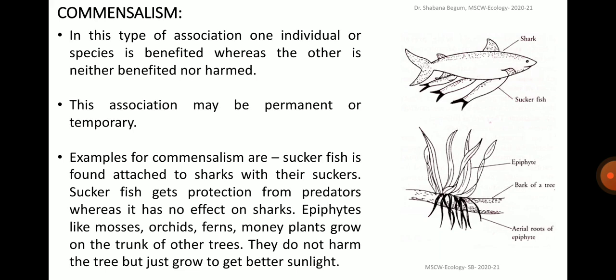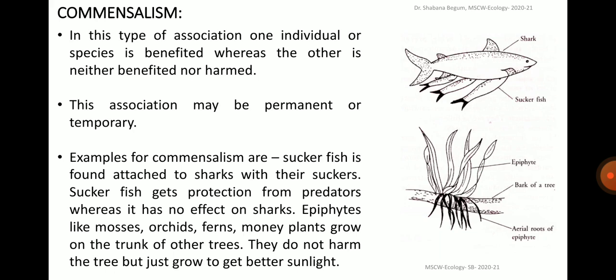Some of the examples for commensalism are the association between the suckerfish and the shark. The suckerfish has its dorsal fin modified as a sucker, with the help of which it attaches itself to the bodies of sharks, whales, etc., so that the suckerfish gets free transportation effortlessly.